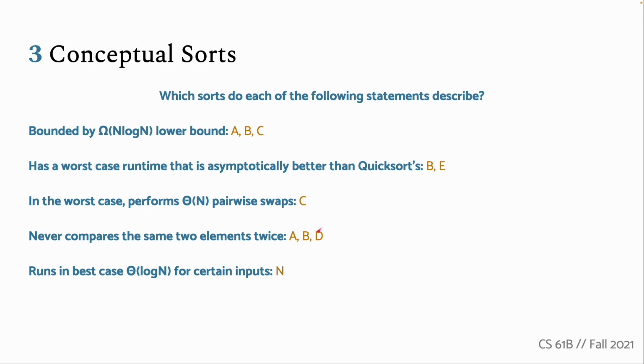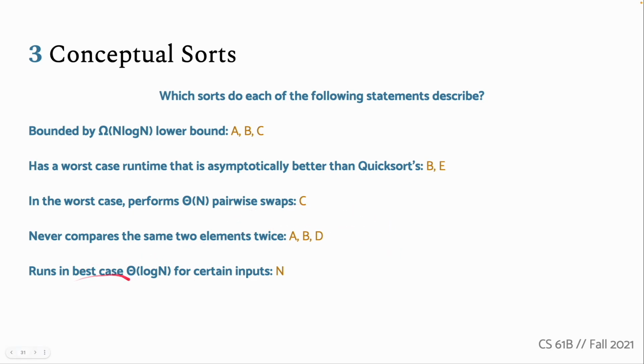And then D, insertion sort, because you are moving things up that list, so you're never going to need to compare the same elements twice. You're only comparing things to the things that are immediately to the left of them, and so you'll never have compared it to anything to the right until that element to the right is ready to move up itself.